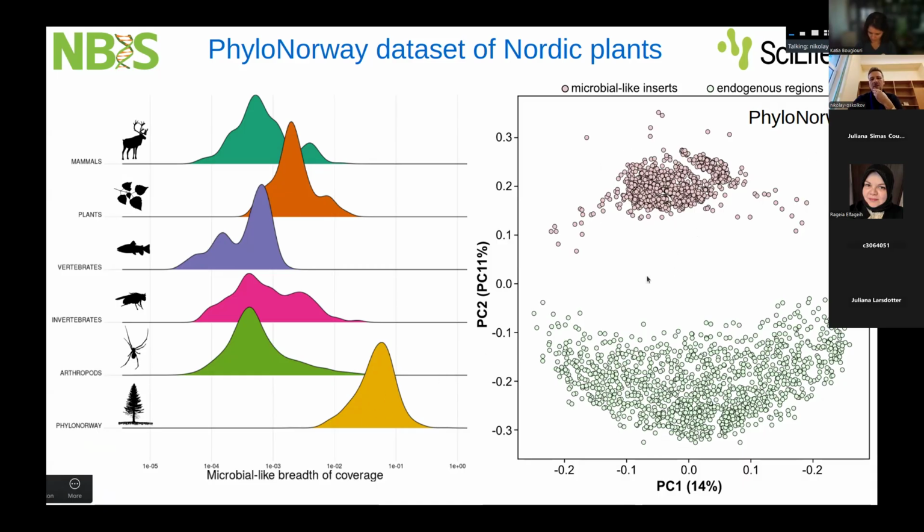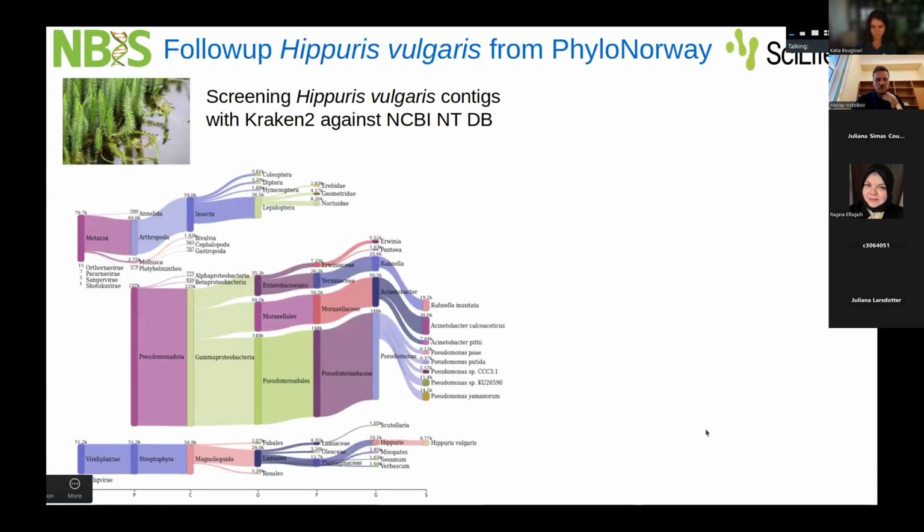Here, I think it's pretty clear that these microbial-like regions cluster very distinctly from what we predict are plant-like regions. This simply shows that there is a difference in k-mer composition. There is something dramatically different in the k-mer composition of these regions compared to those regions. We also did a lot of follow-up.